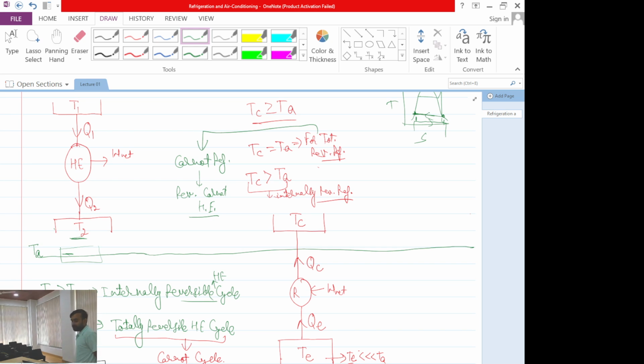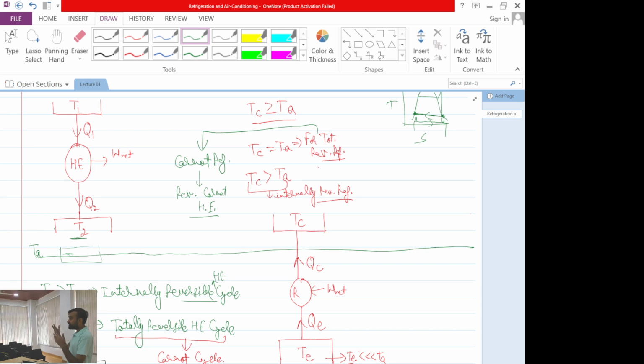Okay. Now we talk about the third variant, which is typically called a heat pump. What is the purpose of a heat pump? Like the purpose of a refrigerator is to maintain the space below the surrounding temperature, the purpose of a heat pump is to maintain the space above the surrounding temperature.